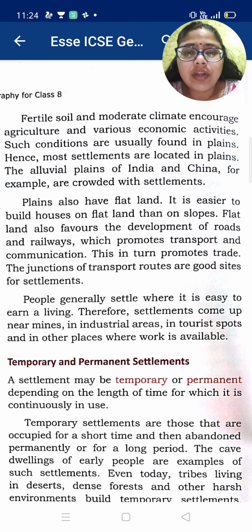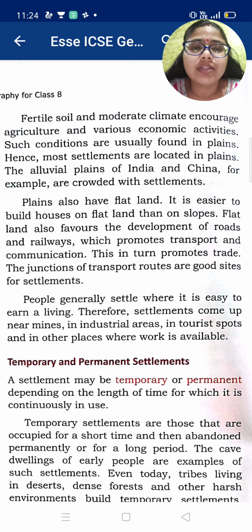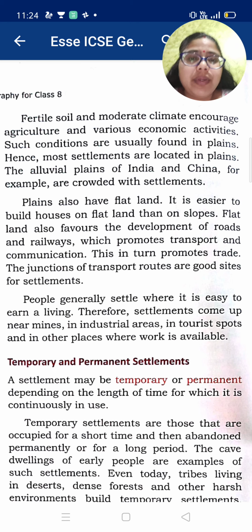But on the flat area, it's very easy to build houses, okay. Flat lands also favor the development of roads and railways. We have seen that flatlands always favor the network of roads and railways, which promotes transportation and communications. So your roads and railways help a lot in transportation and communication.